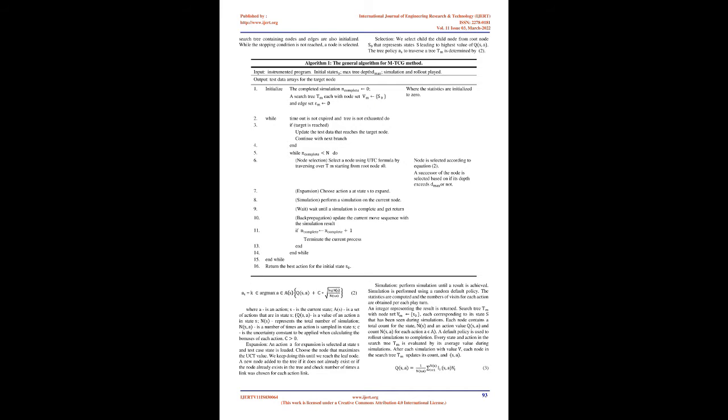Where UCBi equals the value of a node, Xi equals the empirical mean of node i, the average reward of all nodes beneath this node, C equals a constant, T equals the total number of simulations, the number of times the parent node has been visited, and Ni equals the number of times child node i has been visited.